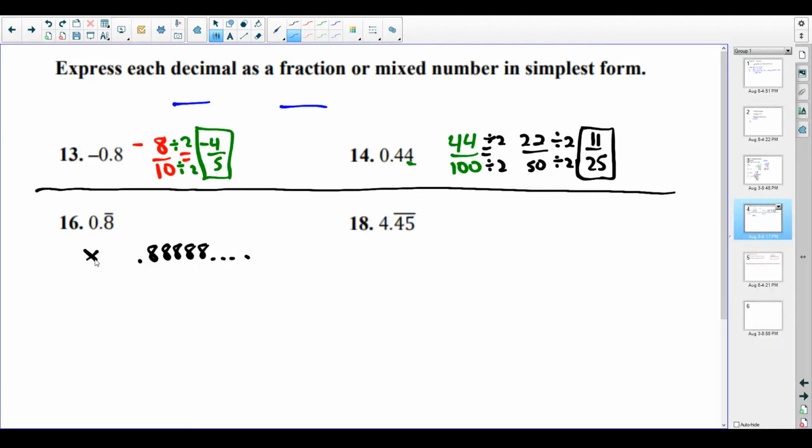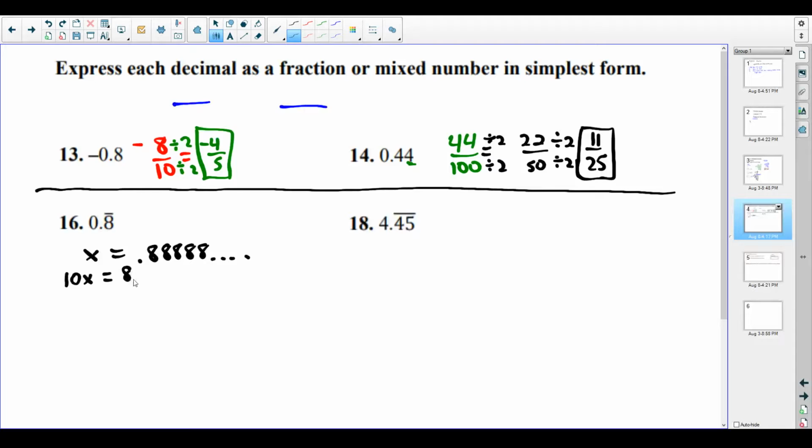We're going to say x is just some variable equals our decimal. Okay? So x is 0.888 repeating. And then I want another number with the same repeating decimal. Okay? So what we do is we take x, and I'm going to multiply it by 10. Okay? So if I multiply by 10, that moves my decimal over one place.